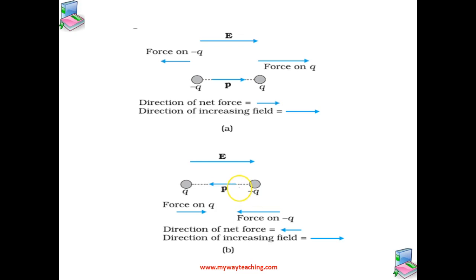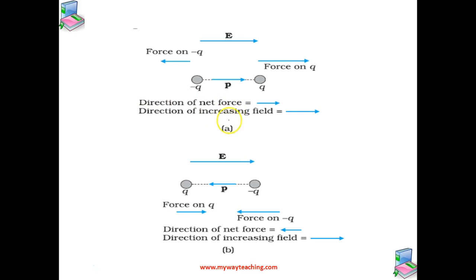But the net force on the dipole, if E is not uniform, will exist because the field is not uniform here. If the field is uniform, then only the net force will be 0. And it is easily seen that when P is parallel to E, the dipole has a net force in the direction of increasing field.